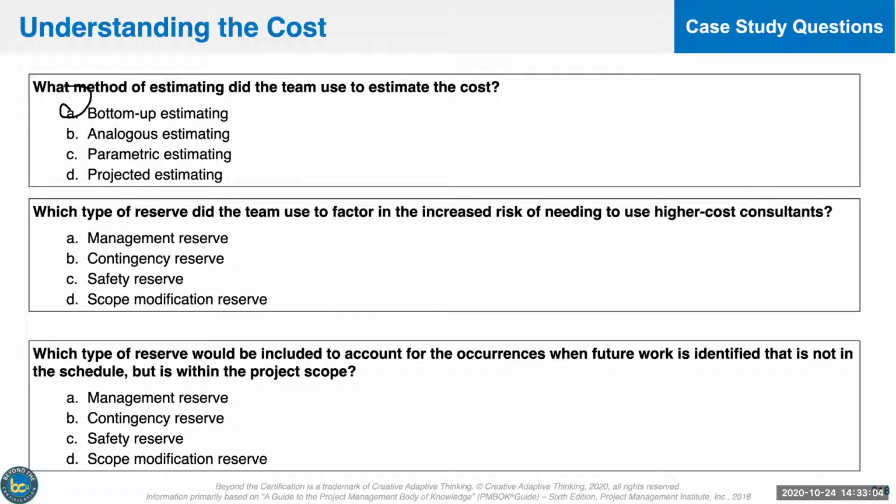I actually didn't catch that part, so I'm just guessing. That's fair. Which one can you eliminate? Projected estimating. Good. So you know it's between A, B, and C. Yeah, and I can eliminate analogous because I didn't see a reference to a historical project. Okay, which likely means you can eliminate parametric because you need historical data for that as well.